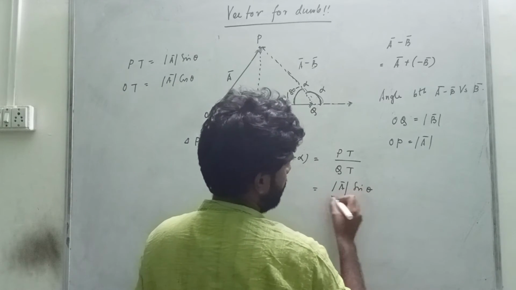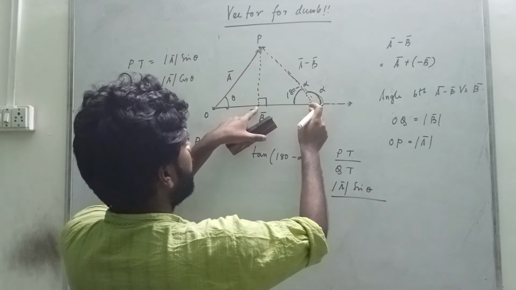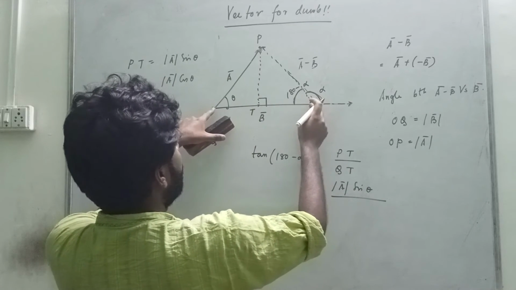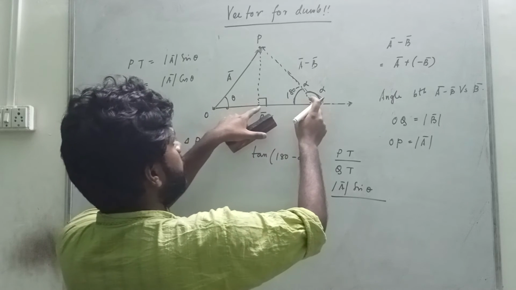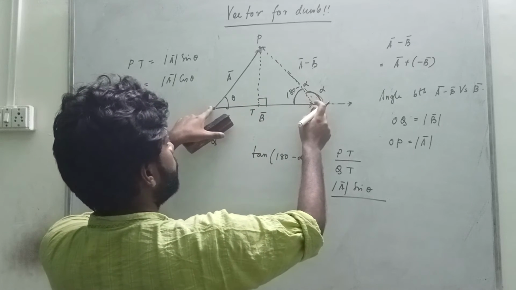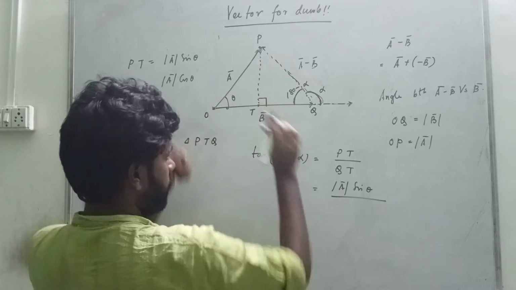And QT means the full length OQ minus OT, right?